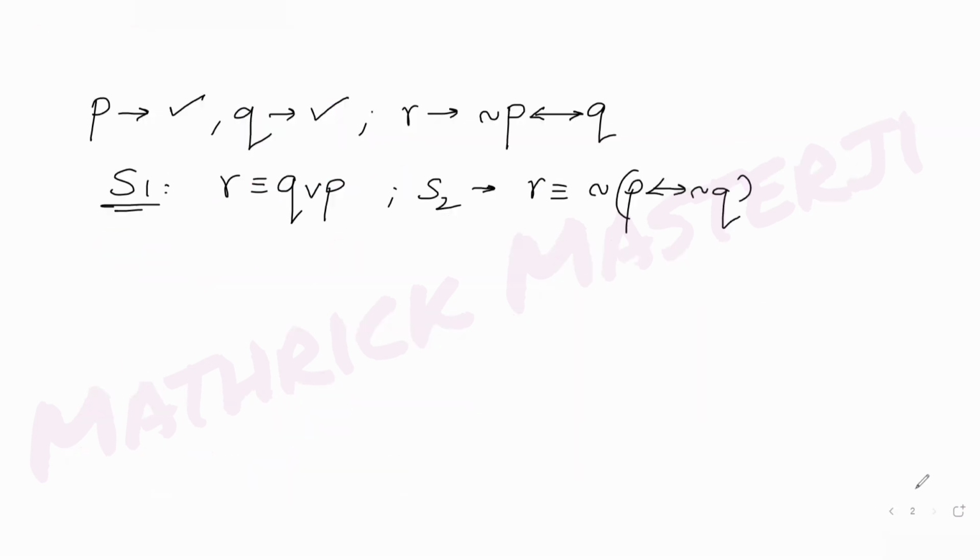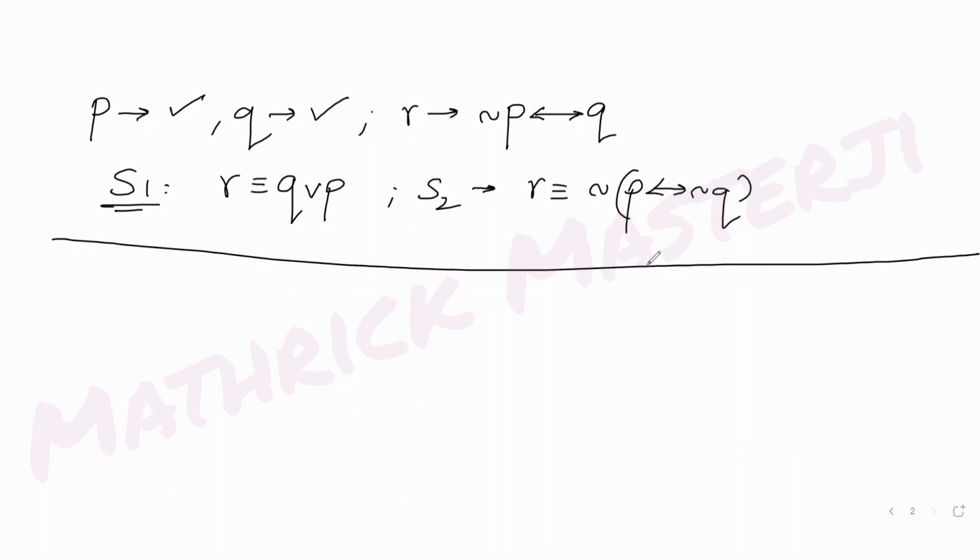Let's figure out whether these two statements are true or false. I'll draw the truth table here for P, Q, and R. R is based on P and Q, so we just need to draw the truth table for P and Q. From there, we'll get the truth table for R as well.